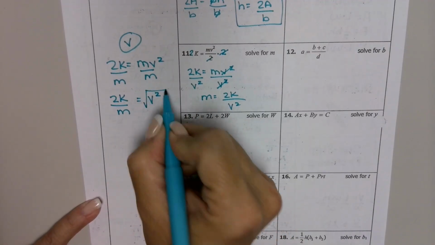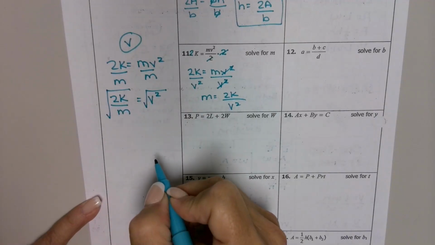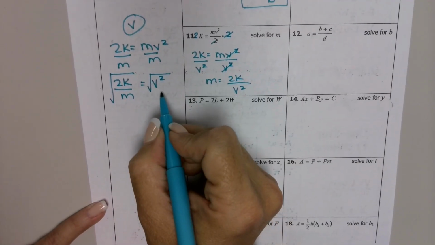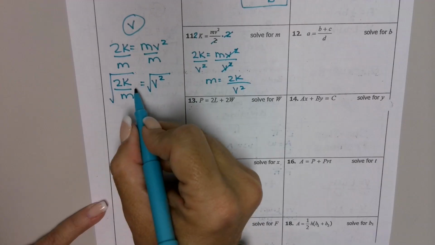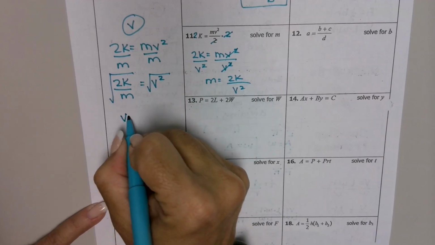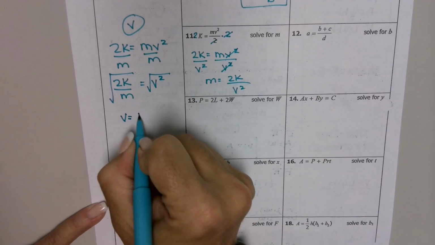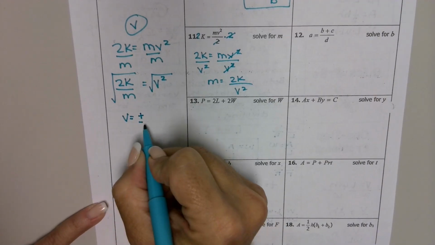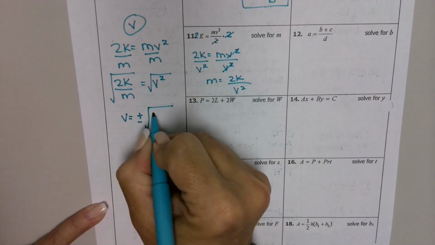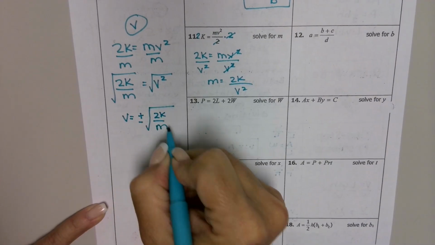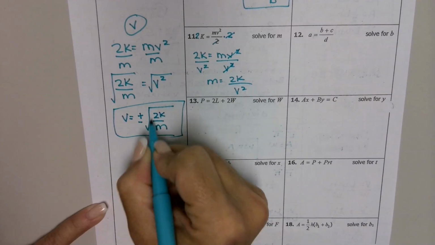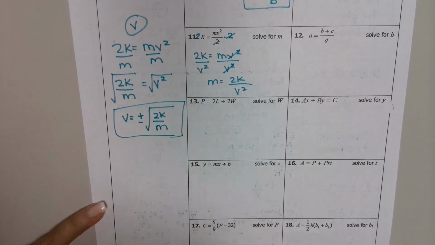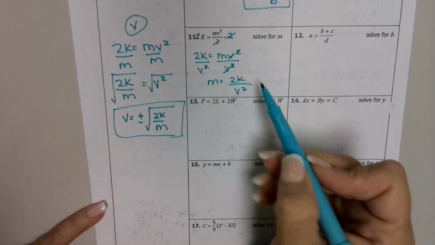So now I have to take the square root of both sides. I'm going to use the symmetric property here to get this on the other side, so I have v equals, and remember when I take the square root, I have to have a positive and a negative value for v, plus or minus the square root of 2k over m, and you'll see the entire thing is under the radical.